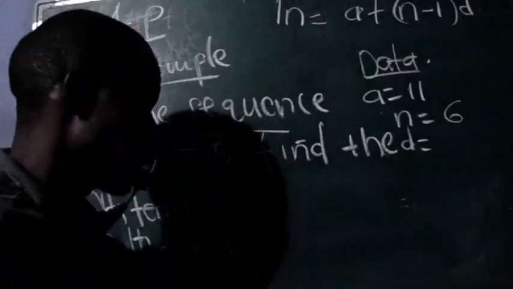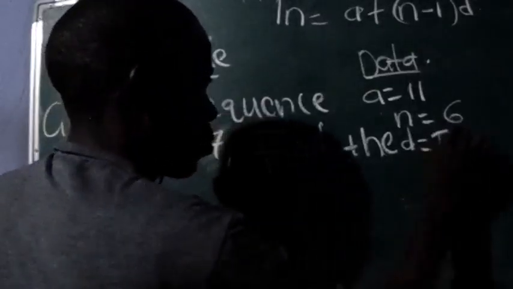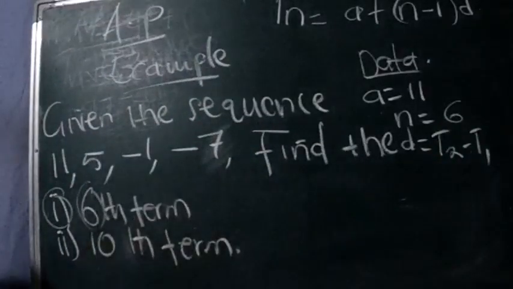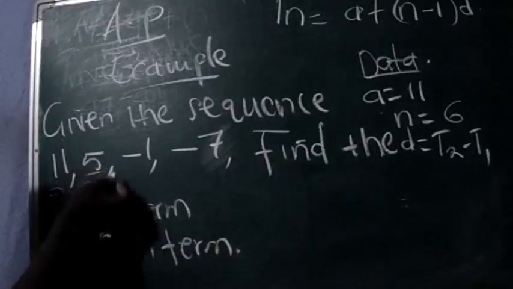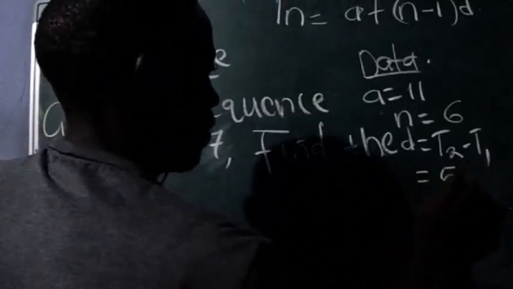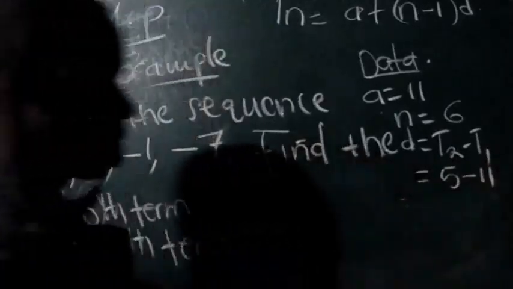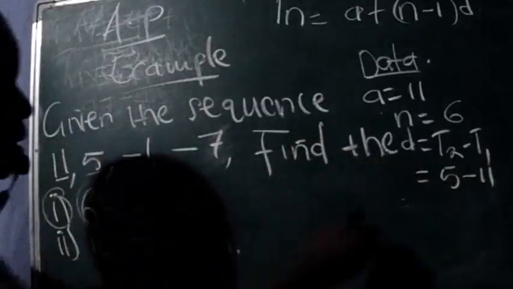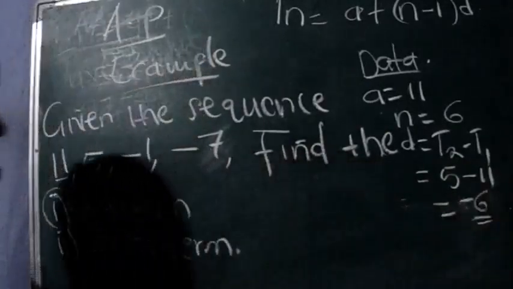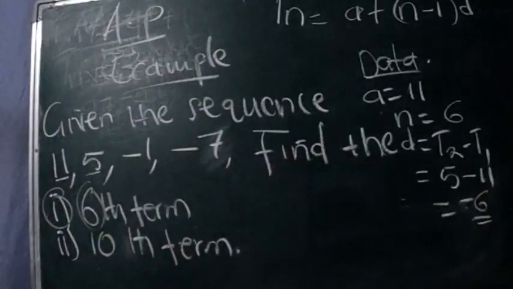Our common difference is calculated by the formula T2 minus T1. Our T2 is 5 and our T1 is 11. So we'll say 5 minus 11, which will give us -6. So our common difference is -6.